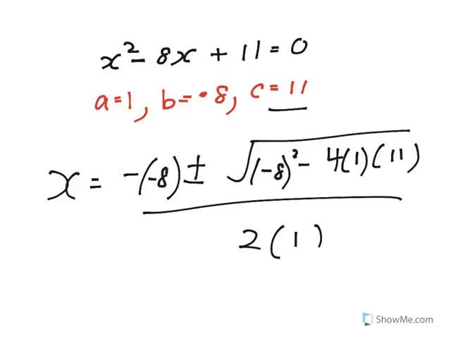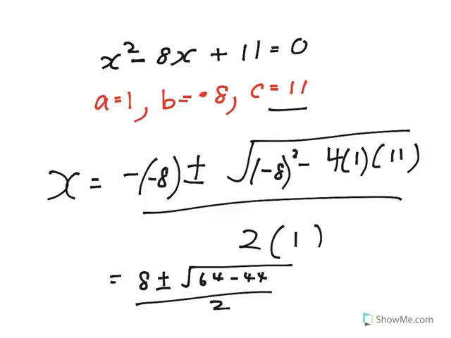This will give you 8 plus minus square root of 64 minus 44, over 2, which gives 8 plus minus square root of 20 over 2.